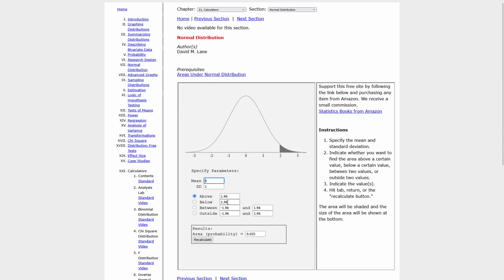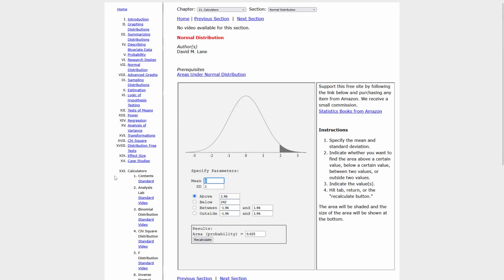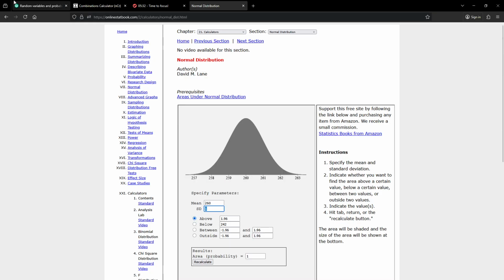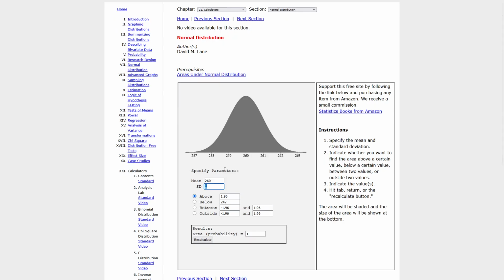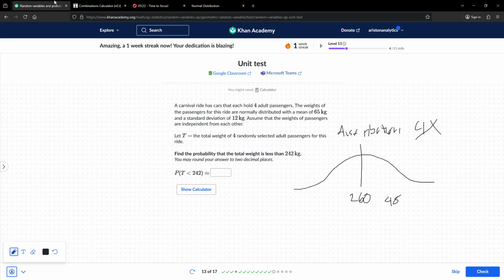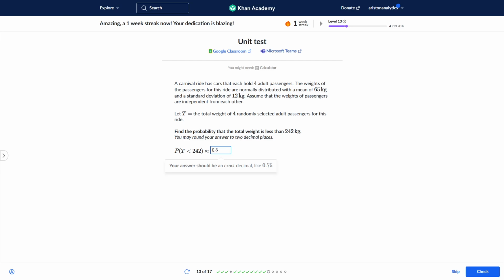Find the probability that the total weight is less than 242 kg. Okay, so below 242. And we have a mean of 260 and a standard deviation of 48. Below 242. 0.35, 538.